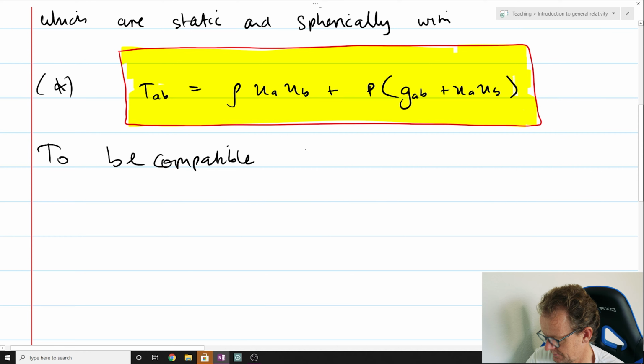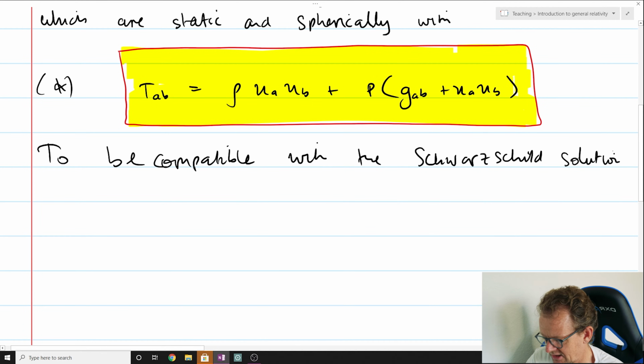Right? And since we're talking about a static solution here, we're going to choose that u is going to point in the t direction. And just for convenience's sake, we put minus square root f.